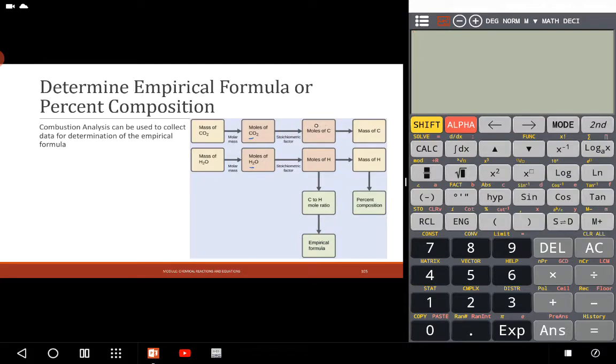If we also know our moles of carbon and our moles of hydrogen, we can figure out the original mass of carbon and the original mass of hydrogen in the original sample. We can also use that to figure out the mass percent composition of the original sample.